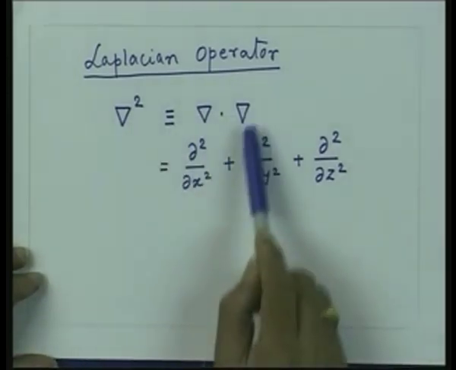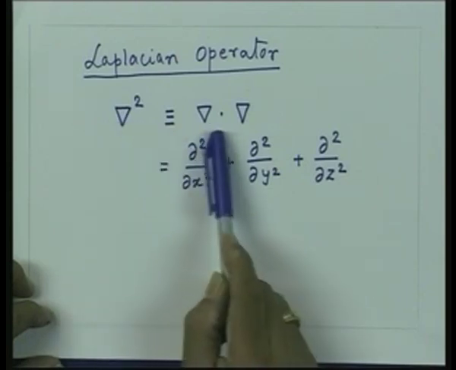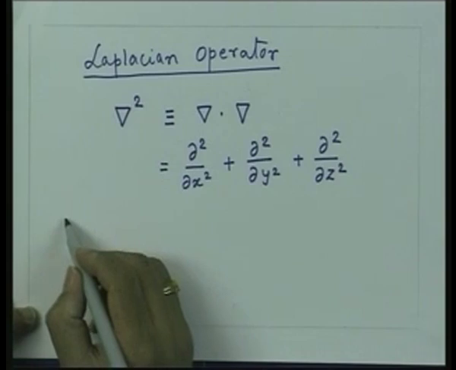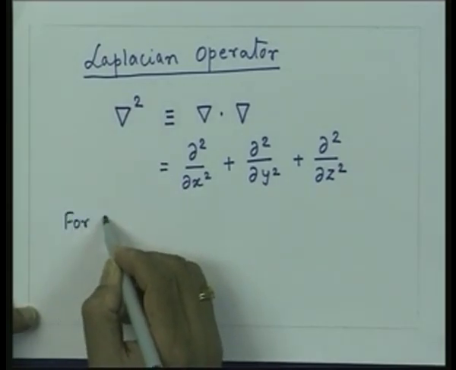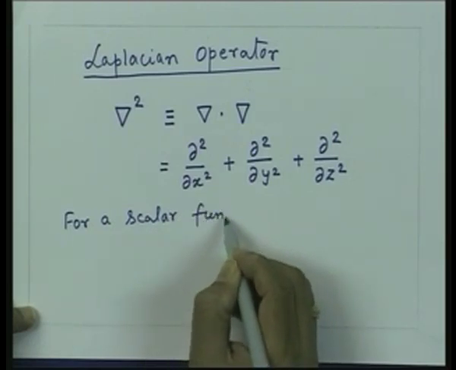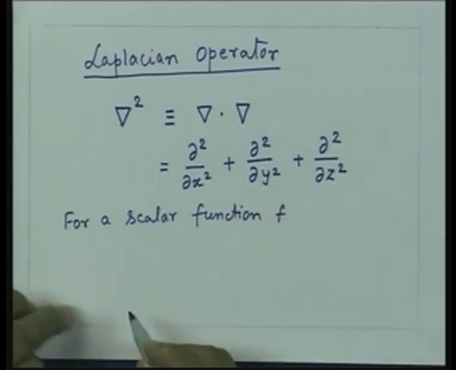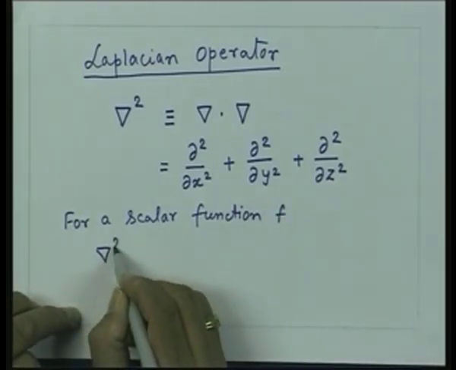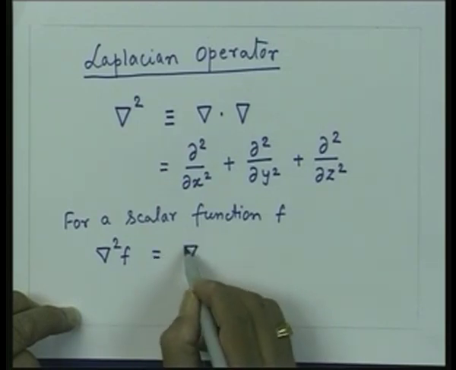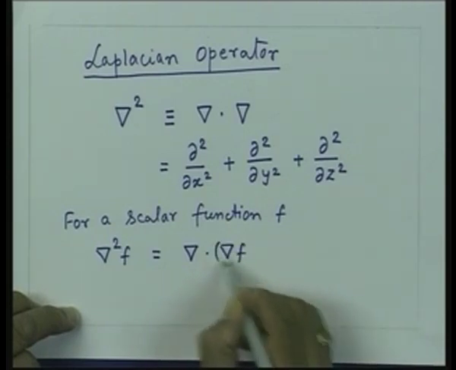If I operate this on a scalar quantity, the Laplacian operator will be del dot del of the scalar quantity. So, for a scalar function f, del square of f will be equal to del dot del of f.